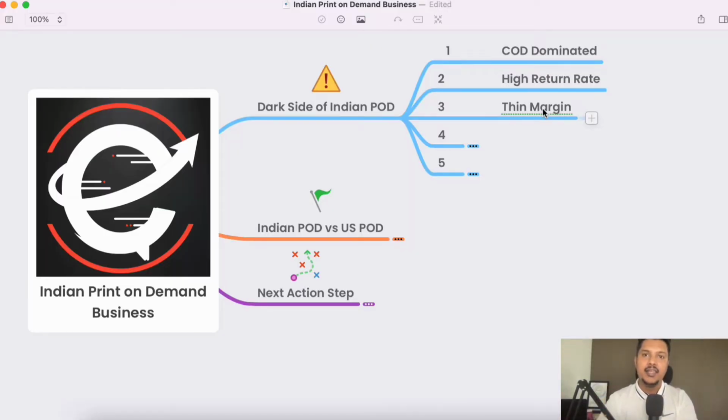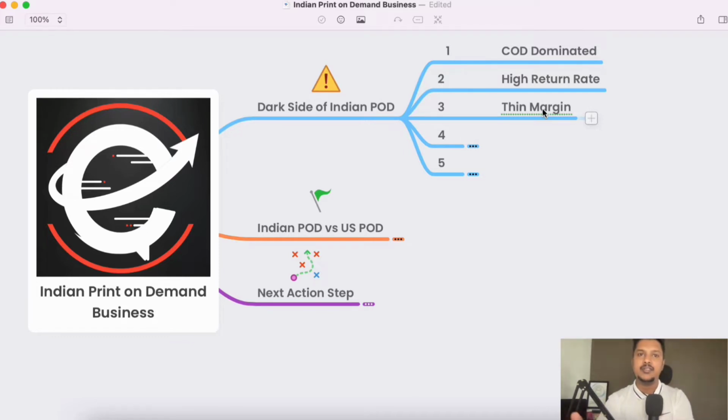And if there is an unsuccessful order, say a customer placed a cash on delivery order, you paid the supplier, and the supplier shipped the product directly to your customer, and the customer says I don't want the product, please return it, then you lose the shipping charges from the supplier to the customer and back to the supplier.